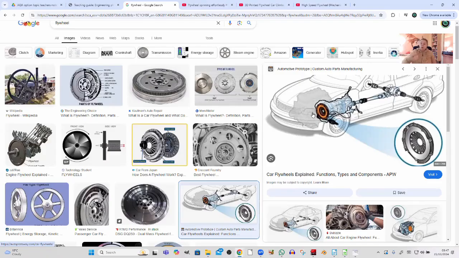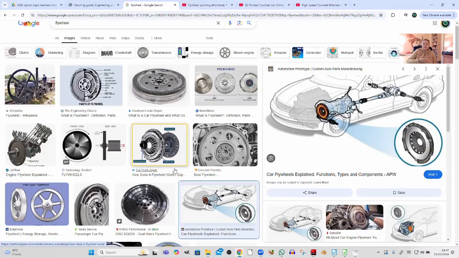It's got a moment of inertia and lots of kinetic energy, and so you can smooth out the motion of the power, which is from a reciprocating engine, actually nearly always delivers. So flywheels can smooth out power, and they can keep things going when actually there's no power being delivered.